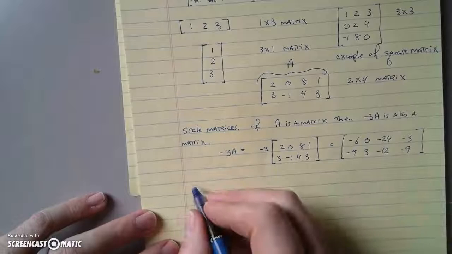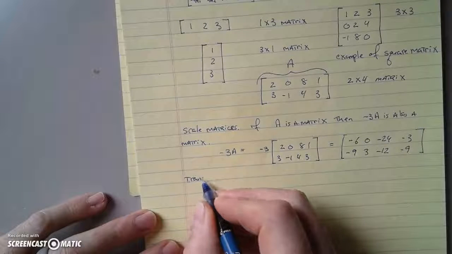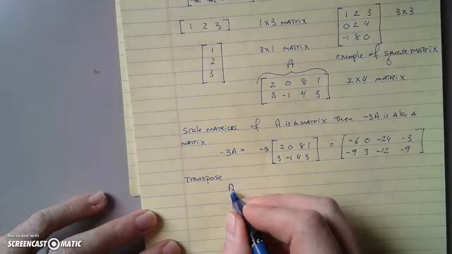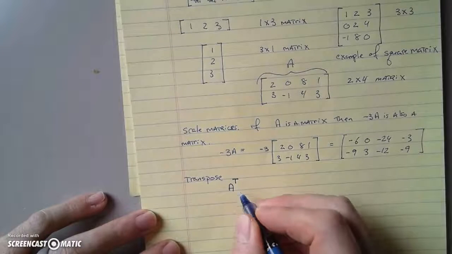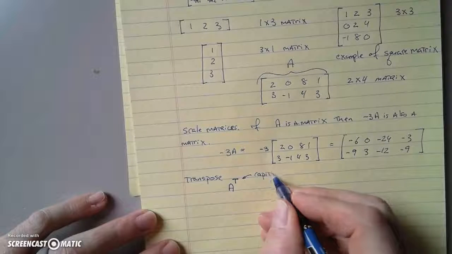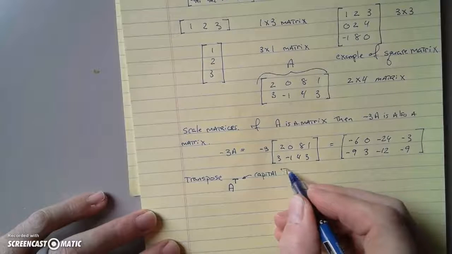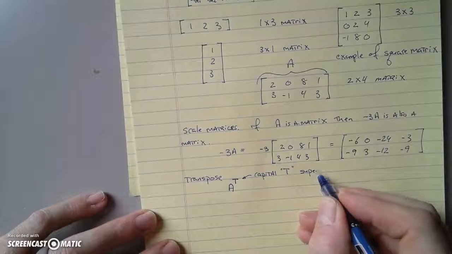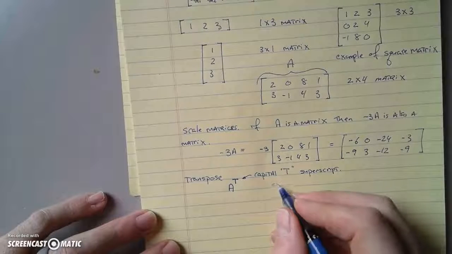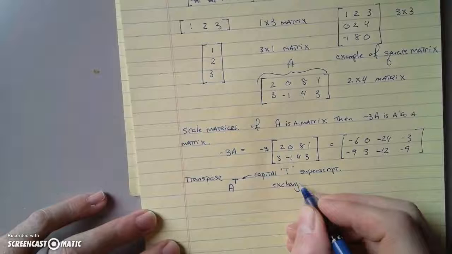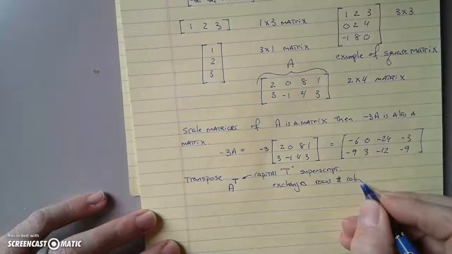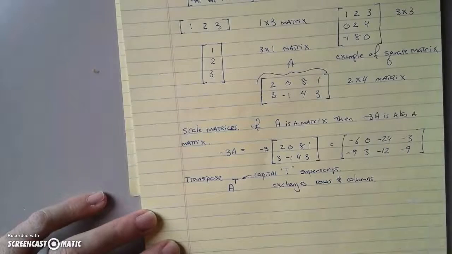There's another operation called a transpose, and if you have a matrix A, it's denoted by a capital T superscript. This operation exchanges rows and columns.